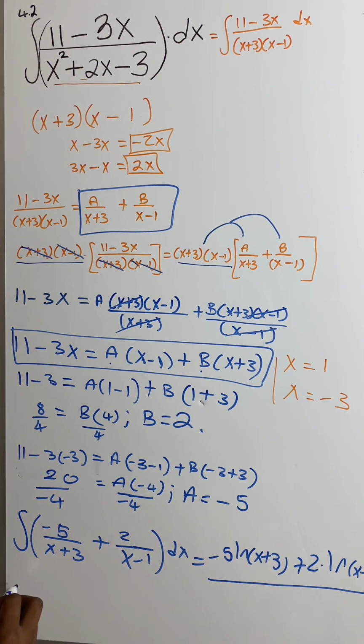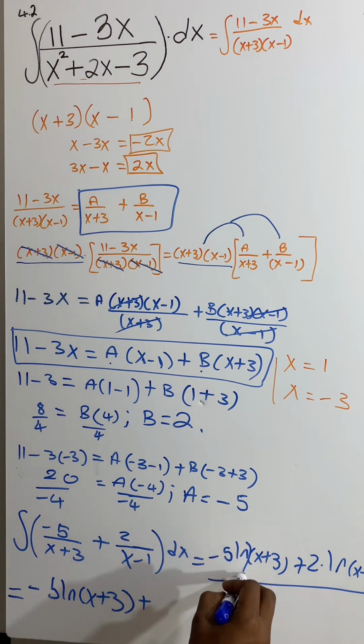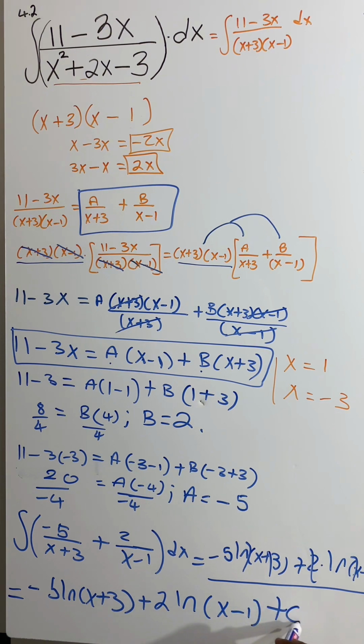Okay, this will be equals to integrating -5 over x plus 3, we get -5 ln of x plus 3. Integrating 2 over x minus 1, we get 2 ln of x minus 1 plus c.